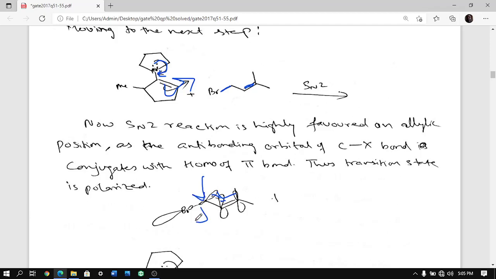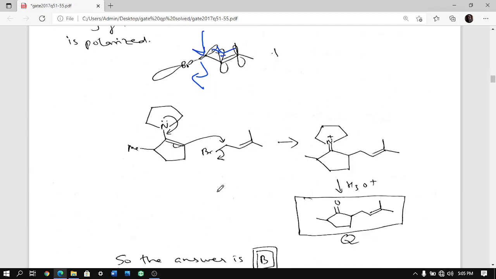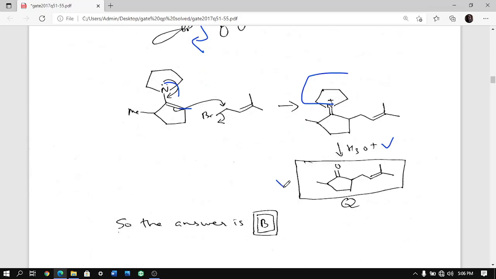The lone pair comes in, attacks this carbon, Br goes off, and you get an enamine, and then you just hydrolyze it, the enamine goes off and you get the ketone. So this is your Q. So the product answer is B.